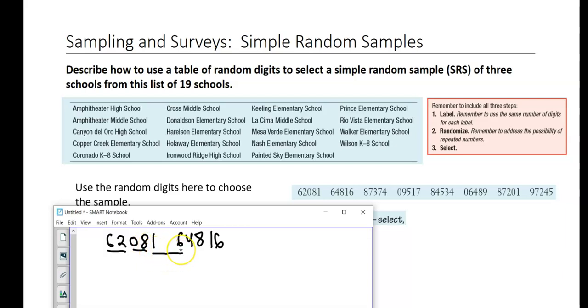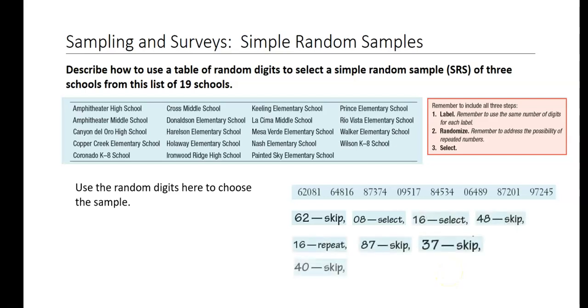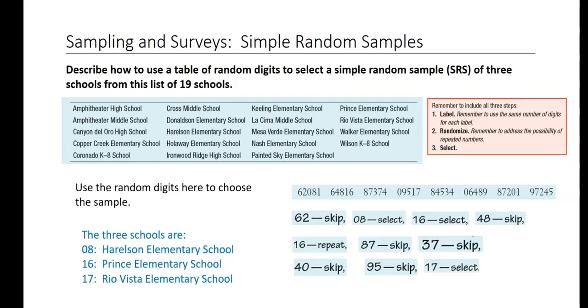This is the number 16, the number 48. 16, I'm going to ignore that guy. Does it make sense? Because I already have a 16 there, so I'm going to ignore that one. And then you just keep going, right? You pick as many as you need for the problem. I'm not sure if you're picking 4 or 5 or what it is. You're going to select those values until you have a stopping mechanism.